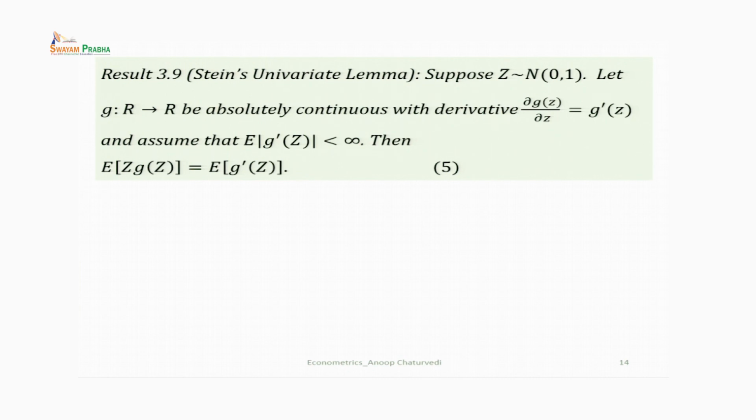So, expectation of mod G dash z exists, then expectation of z G z is equal to expectation of G dash z. So, for obtaining expectation of z G z, you simply take the derivative of G z and obtain the expectation of G dash z.